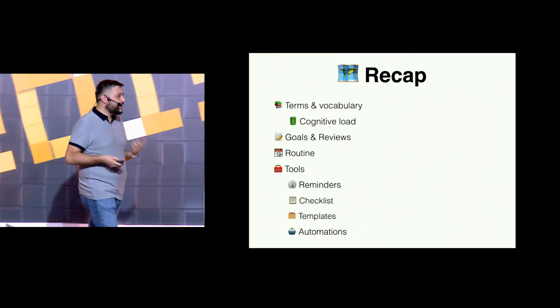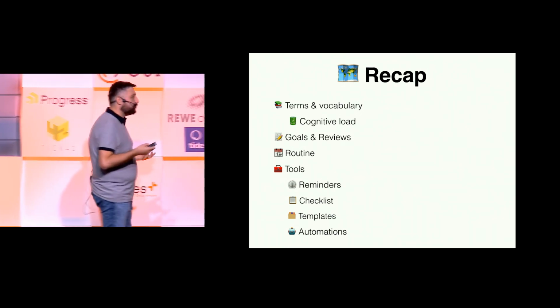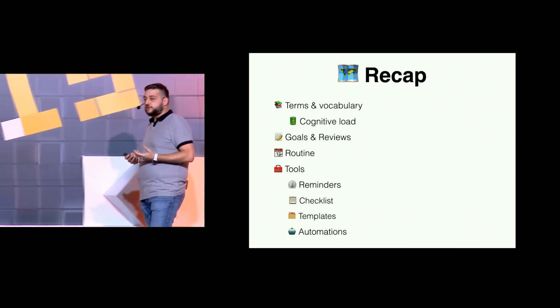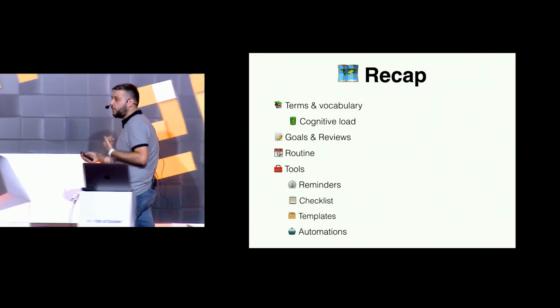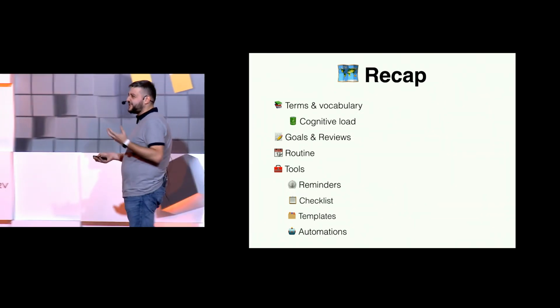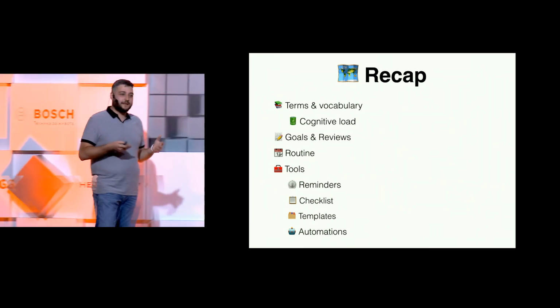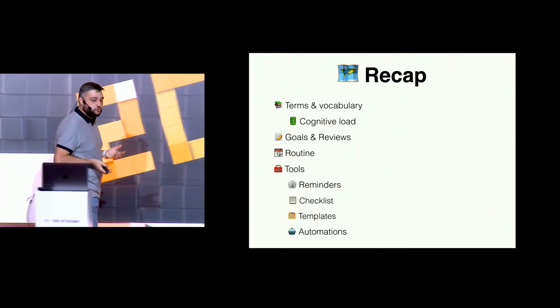So today we covered a lot of terms and vocabulary, especially cognitive load, ego depletion, and all those fancy words. Goals and reviews. This is, I think, one of the core things. Like, if you can measure your progress, seeing where you go and trying to optimize stuff naturally falls into place. Having routine makes you just be effective. And there are a lot of tools you can use.